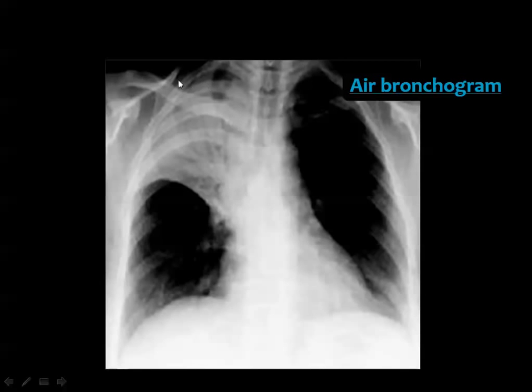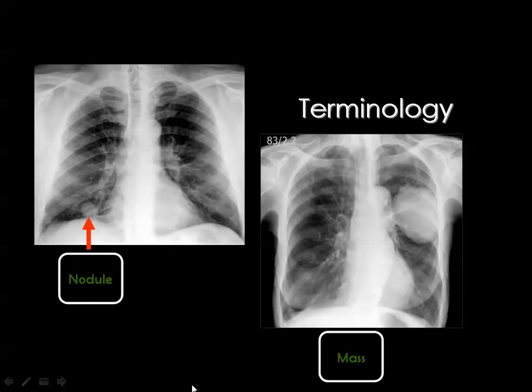If you see this phenomenon, you know that this opacity is of pulmonary origin, and it is of alveolar pathology, and it means that this is consolidation. Of course, pneumonia is one of the causes of consolidation and air bronchogram.